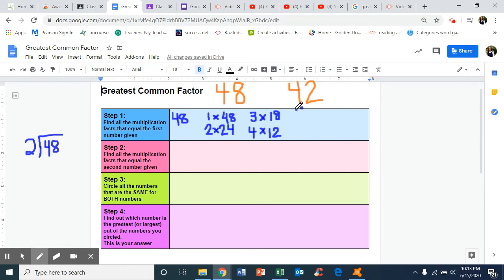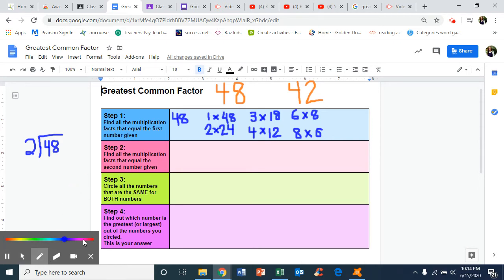We know that 6 times 8 is 48. 7, there's nothing I can do to get 48 when I multiply the number 7. And then you get to the number 8. And again, 8 times 6 is just the opposite of 6 times 8. So that means you're done finding all the multiplication problems.